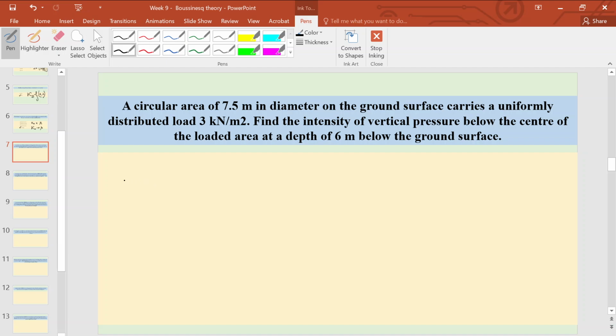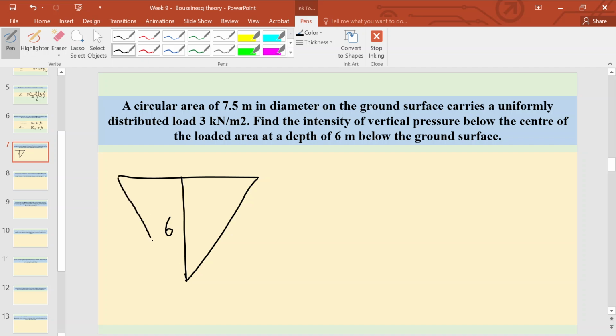So this is the circular area, side view like this, at a depth of 6 meter. We can solve this problem in two ways.